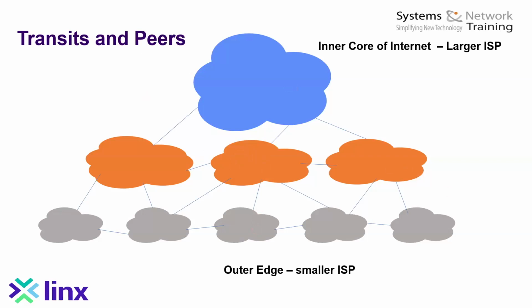Now, as well as transit, there is this thing called a peering commercial relationship. And a peering commercial relationship might be something like what we have here between these two orange providers. So this orange provider can have a transit relationship with this provider here to get access to the bigger internet, but maybe it can have a peering relationship here with this provider that's on a similar lateral level to it.